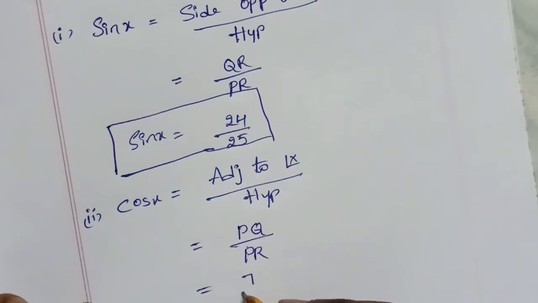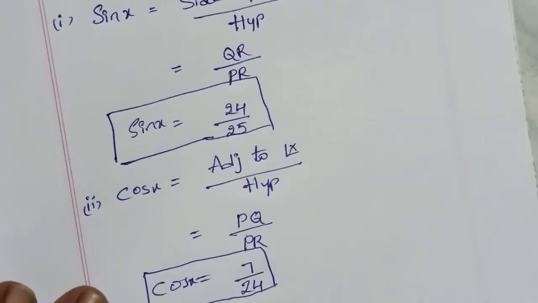PQ length is 7 centimeters and PR length is 25 centimeters. Therefore cos x is equal to 7 by 25.